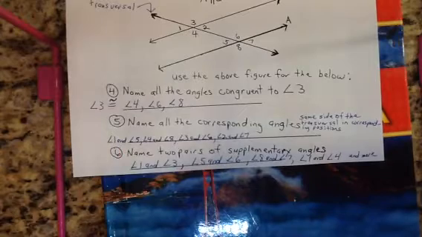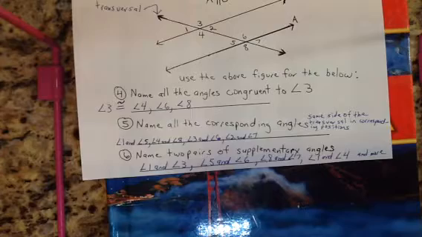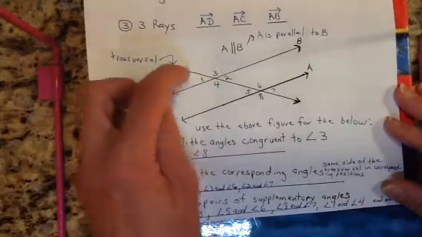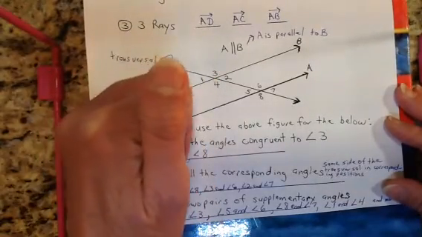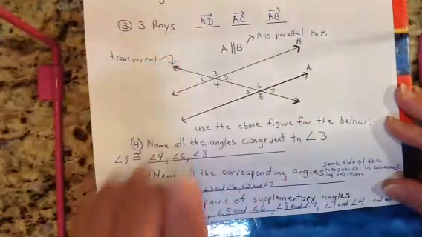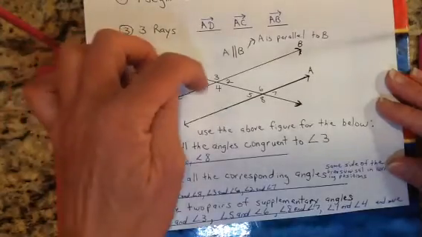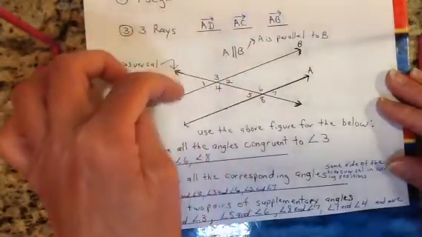Okay. Number 6, name 2 pairs of supplementary angles. Okay, what does supplementary mean? It means 2 angles that share a side and their other side lines up with a line. So this is the shared side for angles 1 and 3, and they share the same line.